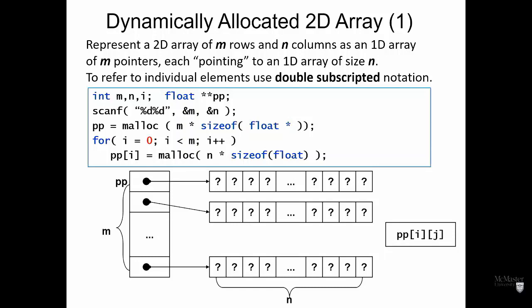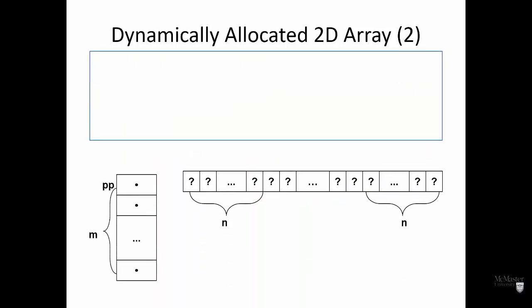So instead of allocating different n segments, you can create one total m by n segment, but then each of these pointers has to point to 0, n, 2n, 3n, 4n, right? If you imagine the memory is just contiguous byte addressable space, you can either allocate these things separately, or you can allocate them at once, and then you point to them differently, right? So this is another way of doing things.